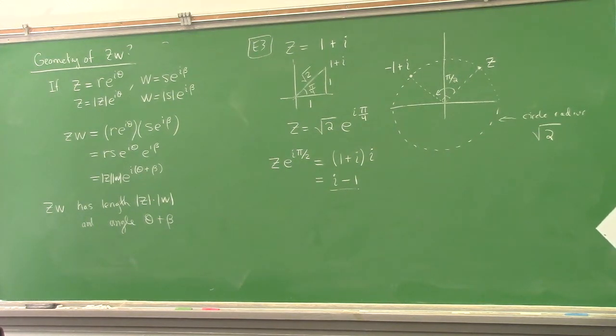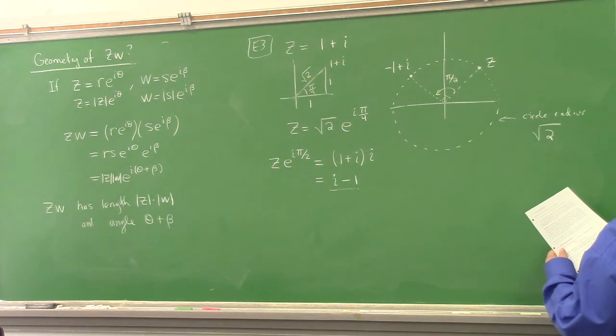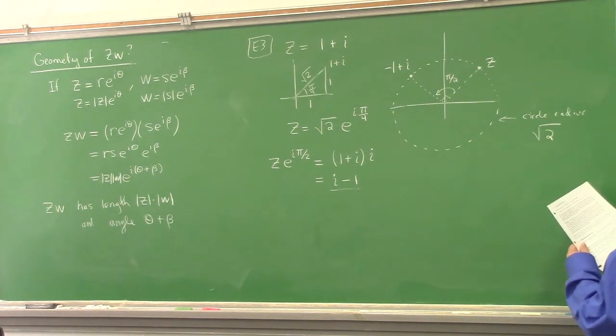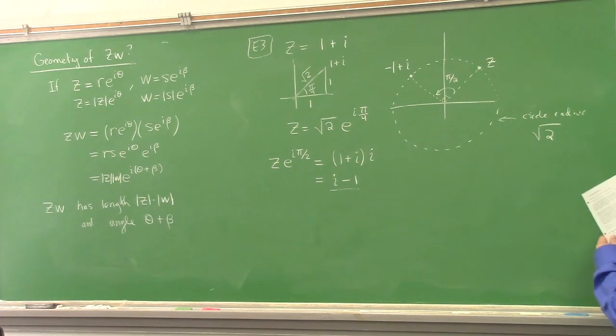So let z be a complex number with z not equal to 0, all right?